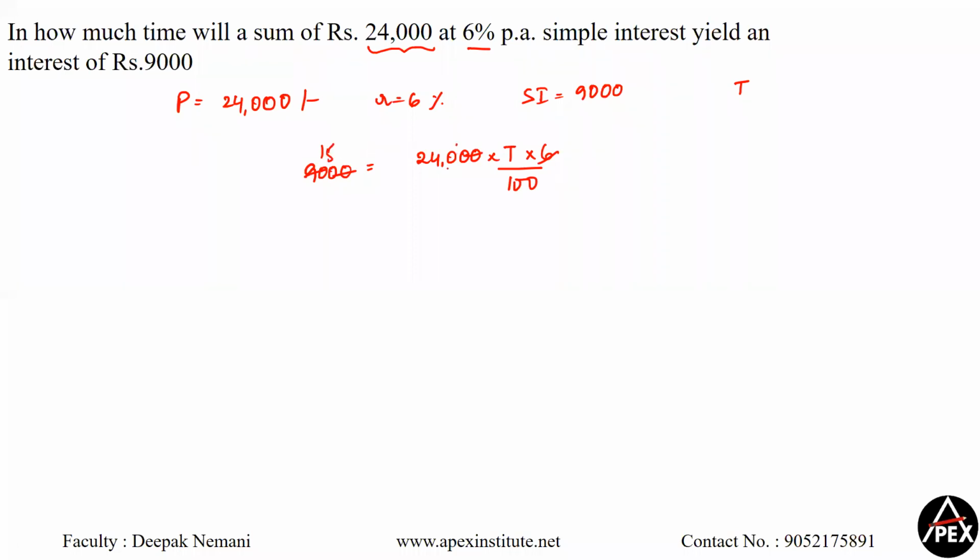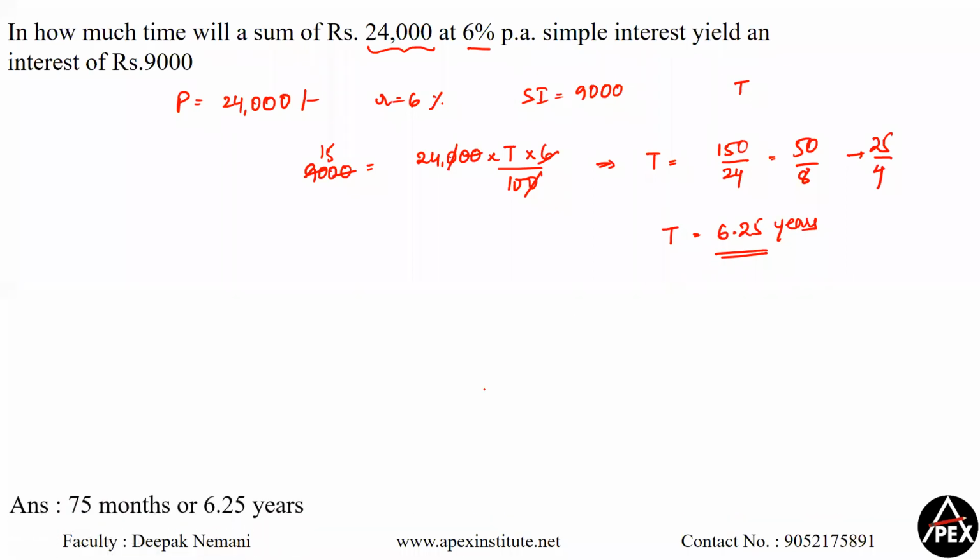So T is equal to 150 by 24, isn't it? Can it be simplified? Yes, 75 by 12 or 25 by 4. So 25 by 4 is nothing but 6.25 years. So the answer for this question should be 6.25 years, 6 years 3 months, or 75 months.